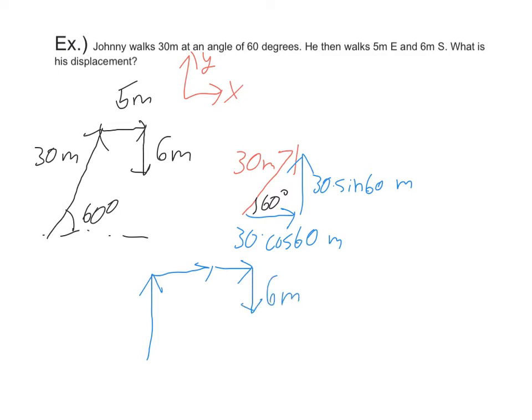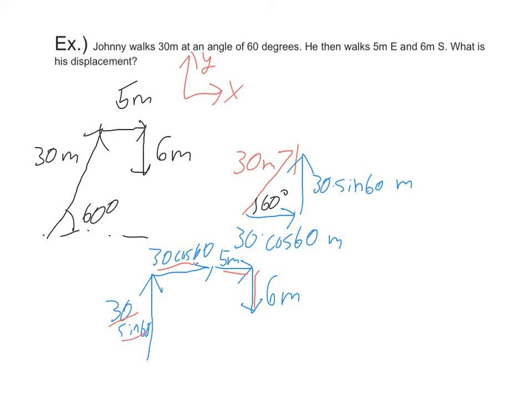So let's label all of these so that we can keep track of them. This would be 30 cosine 60, and this would be 30 sine 60. So there you go. Here are the two legs of my journey from before, and those are just fine as they are since they are pointing strictly in the x or y direction. And then here are my two components from that first vector.